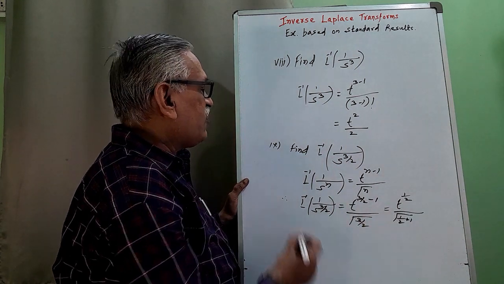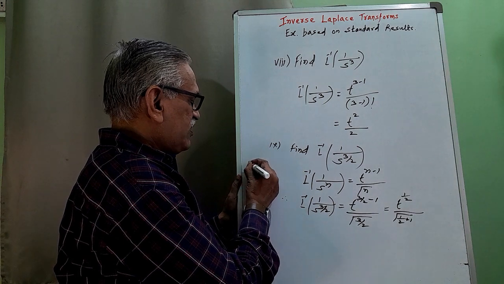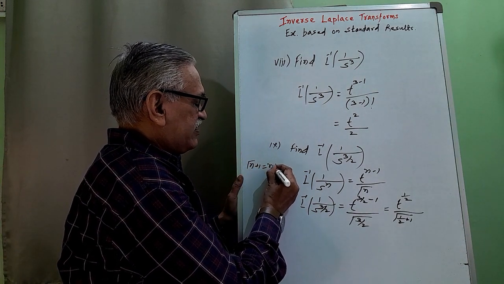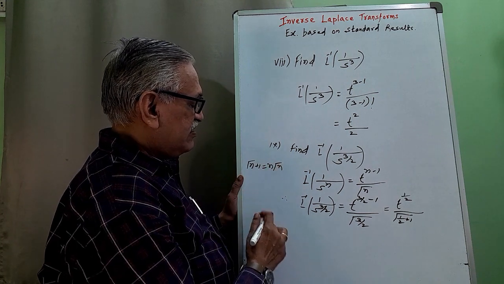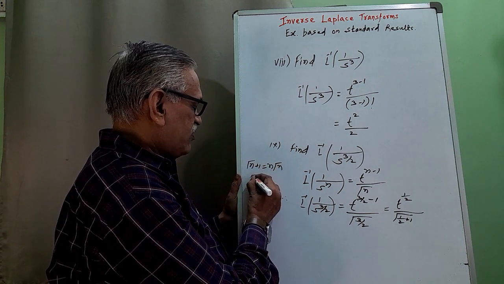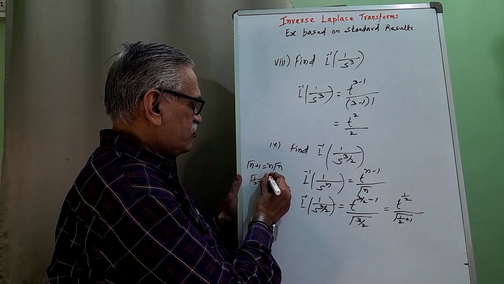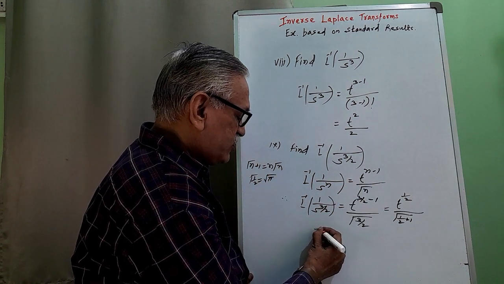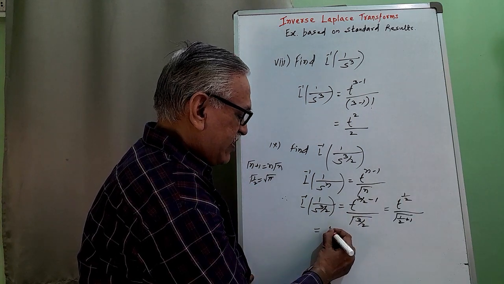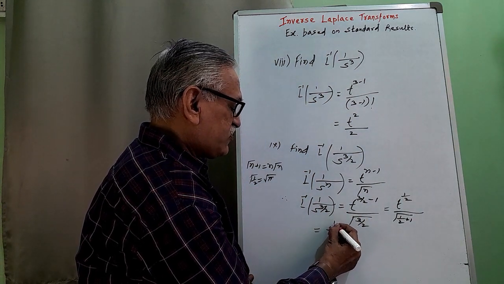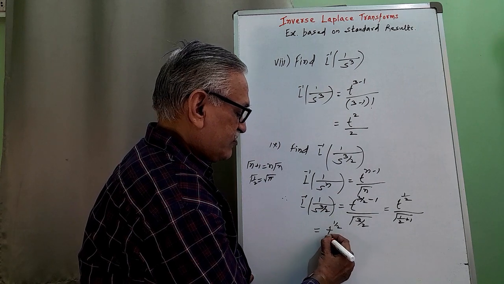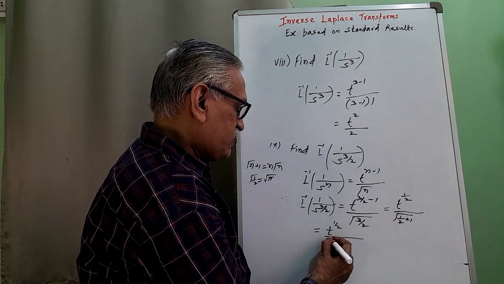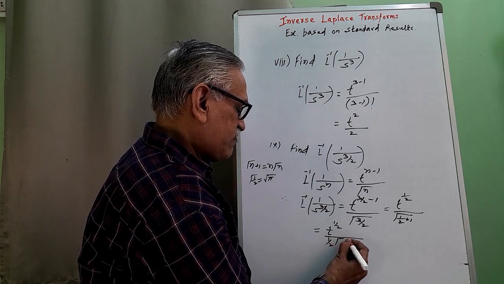Then we have the standard result gamma n plus 1 is n gamma n. And second, the value gamma of 1 by 2 is root pi. Applying these two results, we get the value as t raised to 1 by 2 divided by 1 by 2 gamma 1 by 2.